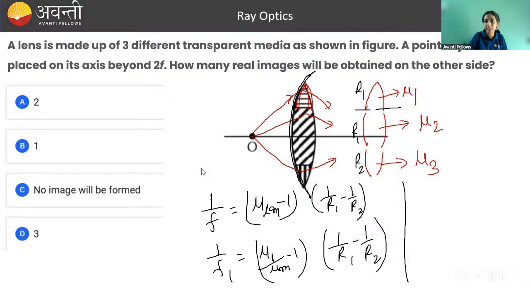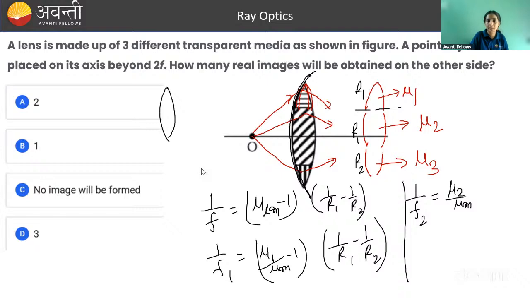If we talk about the middle region, the focal length will be different because mu lens by media will change. Here it will be mu2 by mu media. The media is the same. Media means where you are keeping the lens.